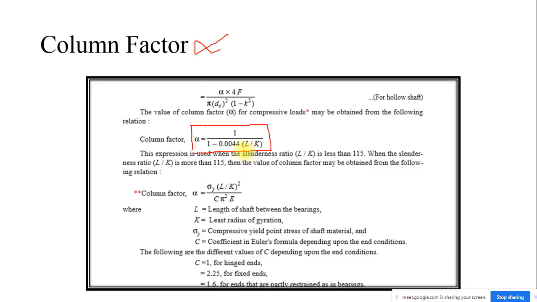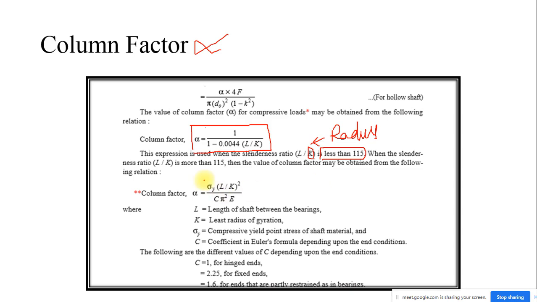So here we have this L by K, and we will be finding out this K. What is this K? It is the least radius of gyration, so K is nothing but the radius of gyration. We can use this column factor formula only when L by K is less than 115. I repeat, we can use this formula only when L by K is less than 115.